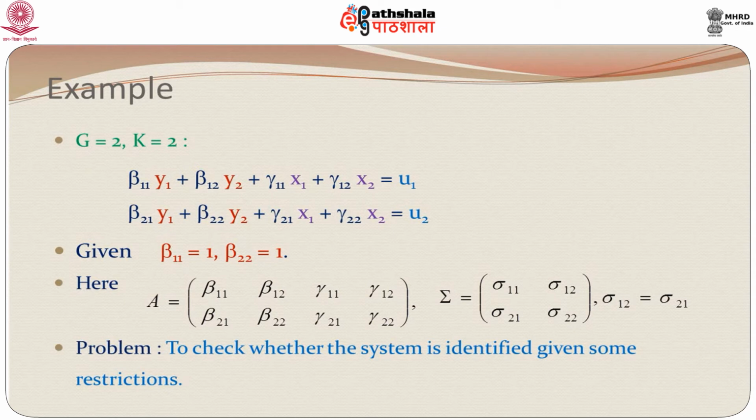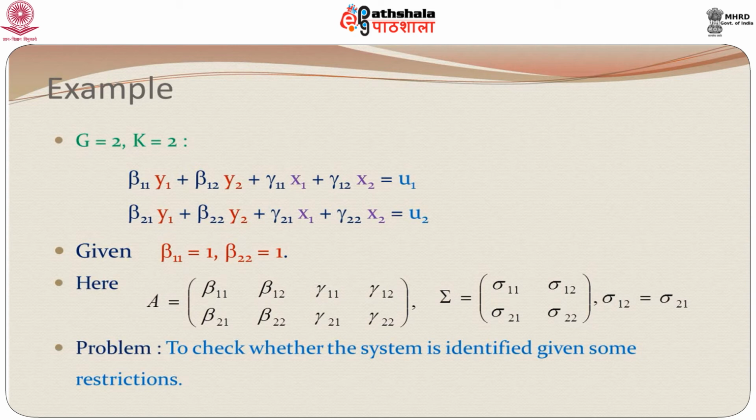Here our A matrix is a 2 by 4 dimensional matrix, 2 rows and 4 columns, and the first row actually holds the parameters of the first equation, the second row has the parameters of the second equation. In addition to this, we have the sigma matrix, which is a 2 by 2 matrix. This is the error variance matrix.